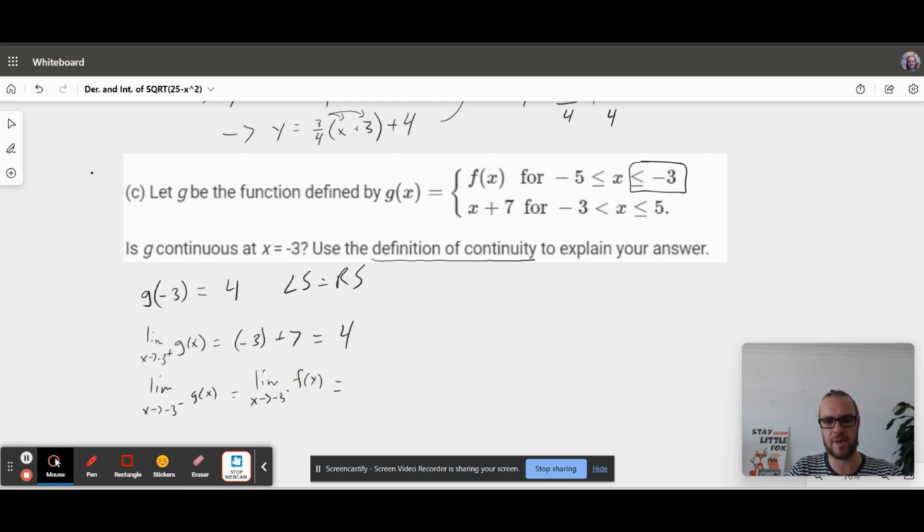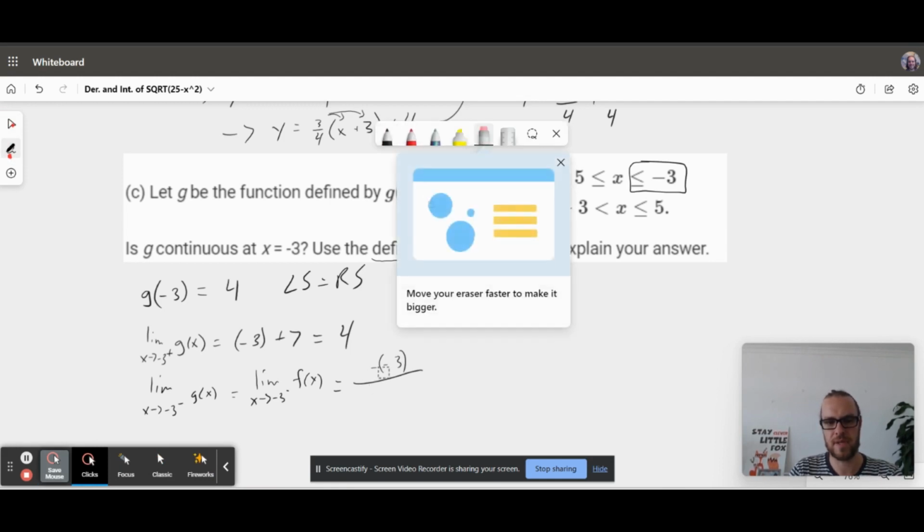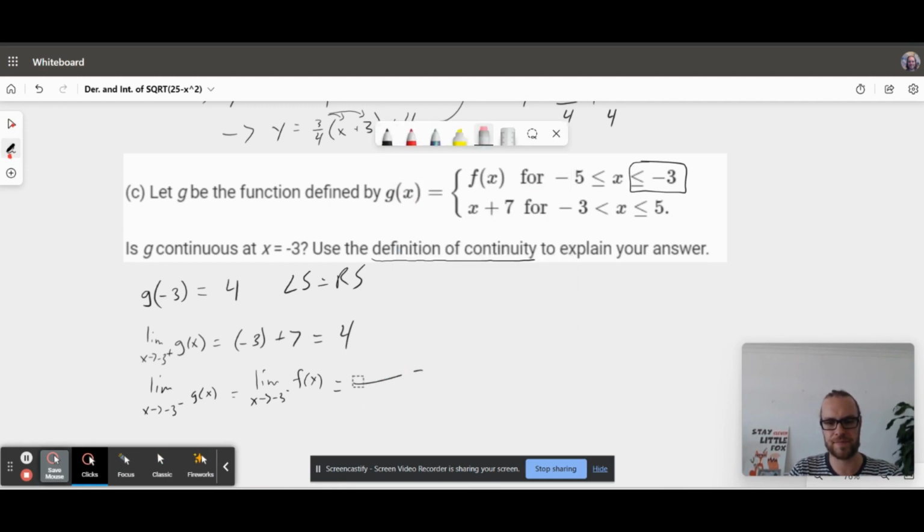And so really what that ends up becoming is, once again, just like we did before, -3 over, sorry, I'm putting that into the derivative, aren't I? That's not what we want to do. Let me erase it. There we go. Now it'll let me grab the eraser. So we don't want that in there.